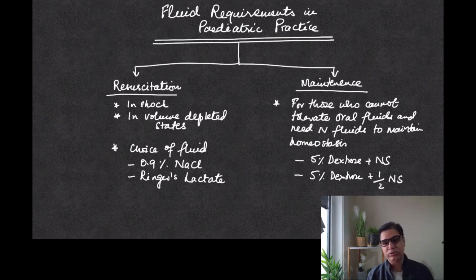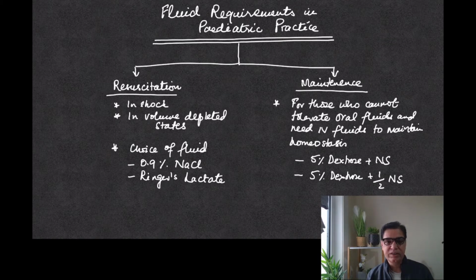Normally, we have got two choices of fluids in this particular condition. One is 0.9% sodium chloride, and the other is Ringer's lactate. Now, remember, as far as these two fluids are concerned, they are the same. The only thing, Ringer's lactate contains a few more things like potassium, so it contains about 4 millimoles of potassium per liter, and sodium chloride is just isotonic sodium chloride.